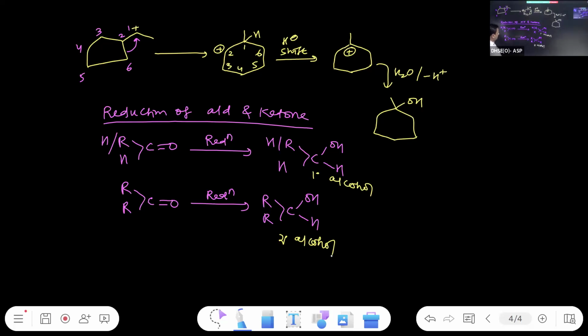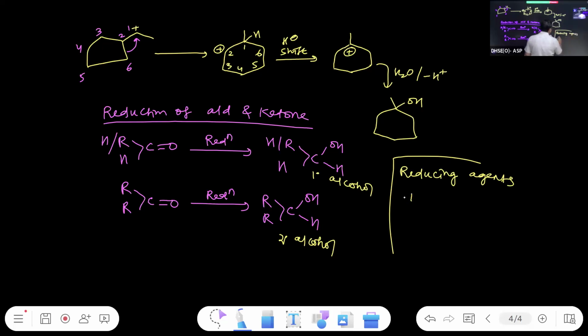Then for the reduction, which are the reducing agents? The reducing agents are, first of all, catalytic hydrogenation, hydrogen in the presence of nickel or palladium or platinum.